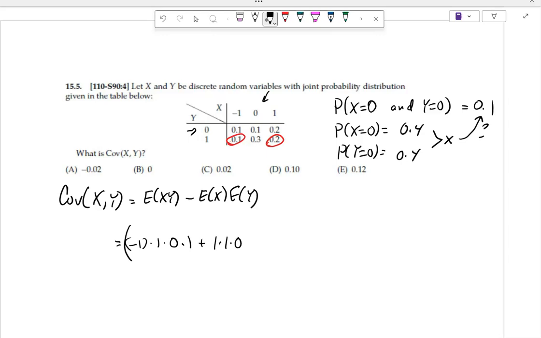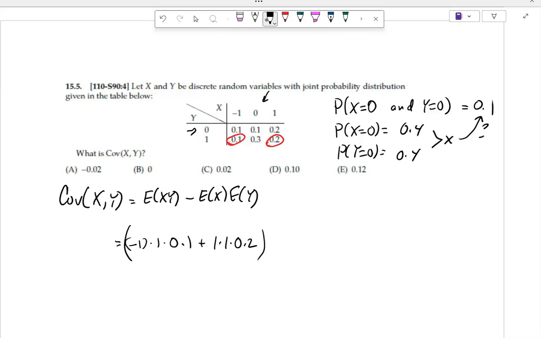Good. 1 times 1 times 0.2. The other ones are all going to be 0. I could write them out, but I know they're all going to be 0, so there's not much point in writing them.